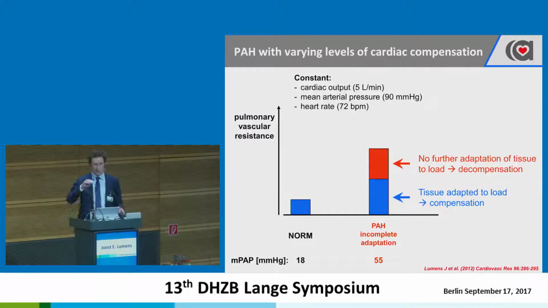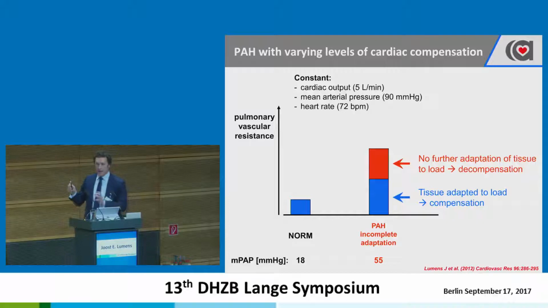So to create several levels of cardiac adaptation, I just approached it in a very engineering way. I said, well, I increase pulmonary vascular resistance so that the mean pulmonary artery pressure at rest is 55 millimeters mercury, which is quite high. And I let the model adapt to a certain pulmonary vascular resistance halfway.